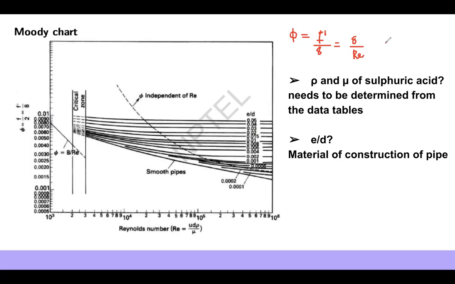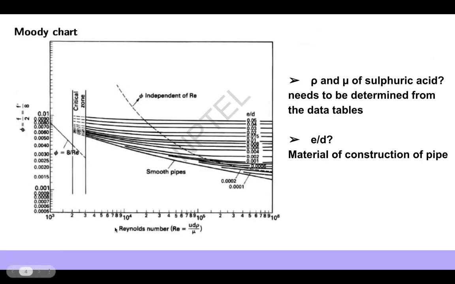So you'll get from here that f dash is equal to 8 multiplied by 8, that is 64, by Re. So that's the relation from the Colebrook equation. That is, in the laminar region, the friction factor will be nothing but 64 divided by the Reynolds number. So that is pretty straightforward.